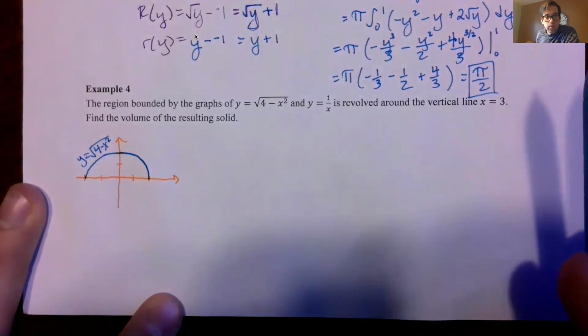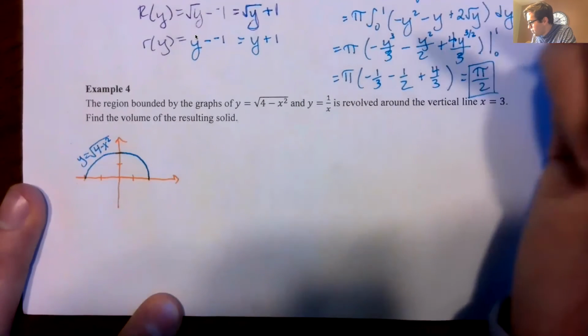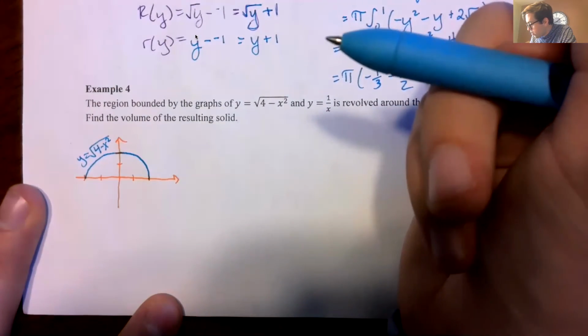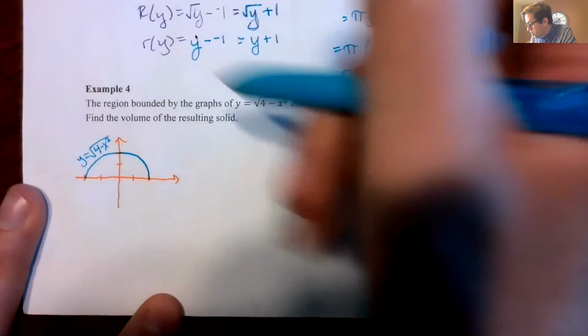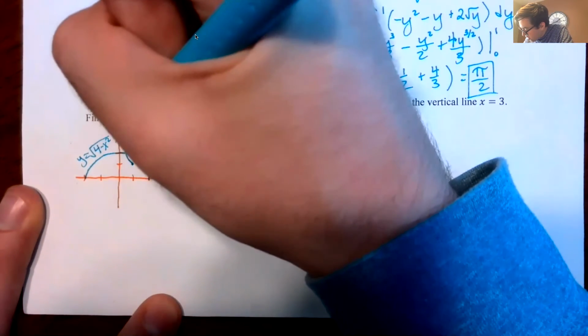And then I have y equals 1 over x. Okay, so I know that that is a curve in quadrant 1 and quadrant 3, but it's only going to intersect this other curve in quadrant 1. So I'm going to sketch that, and it looks like this.